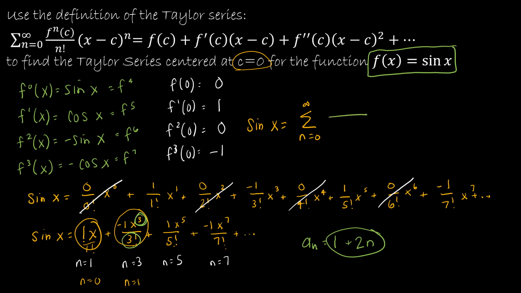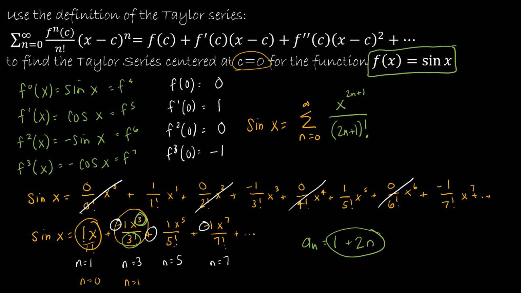So I get x to the 2n plus 1 over 2n plus 1 factorial. Let's talk about the negative part in just a moment, because obviously this is an alternating sequence, negative, positive. But so far, let's see if I'm on the right track.